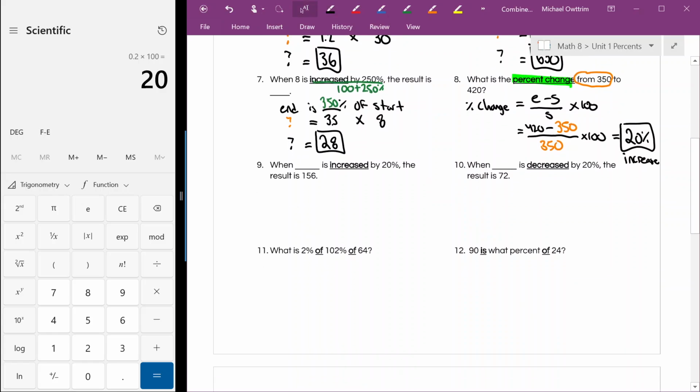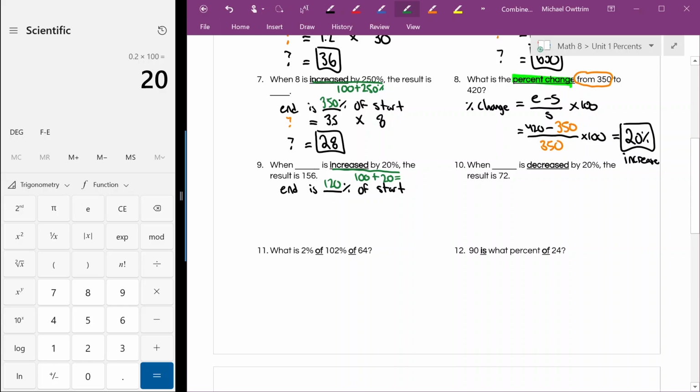Take a look at question 9. We have when blank is increased by 20%, the result is 156. So again, this is an increase or decrease where we know the percent. We're going to use our setup that end is some percent of start. And again, with an increase of 20%, we're going to say we have 100 plus our increase of 20 gives us 120% of start.